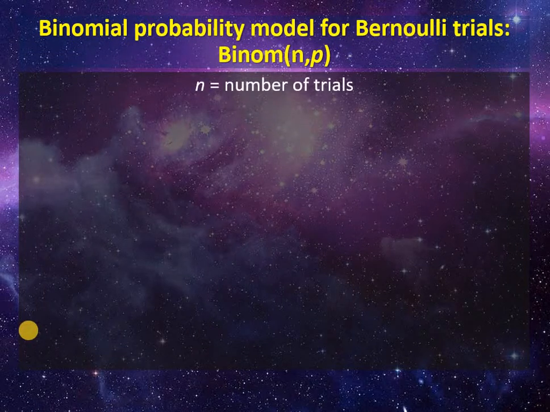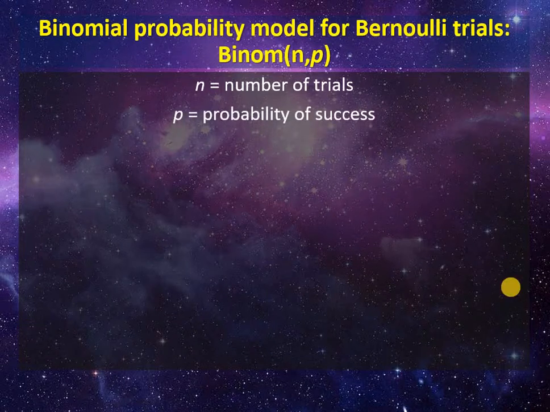Okay, so here we go. This is stuff you do need. N is the number of trials. That's my set value. I'm going to do it this many times no matter what. P is my probability of success. Remember, because these are independent events, that probability should stay consistent throughout. Or if we're drawing without replacement, we have to have less than 10%.